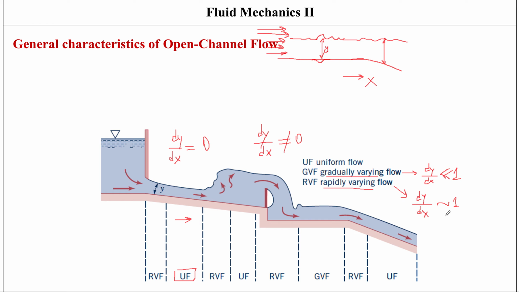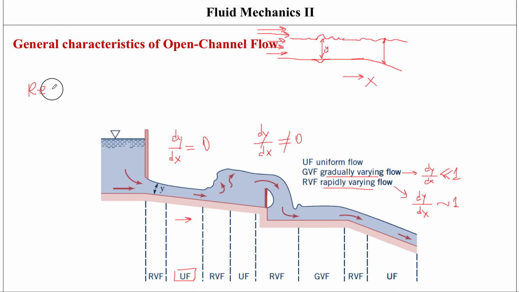So these are the 3 different ways you can classify an open channel flow based on the depth of the flow. Now you can also classify an open channel flow on the basis of whether the flow is laminar, transitional, or turbulent. That means you need to look at the Reynolds number.